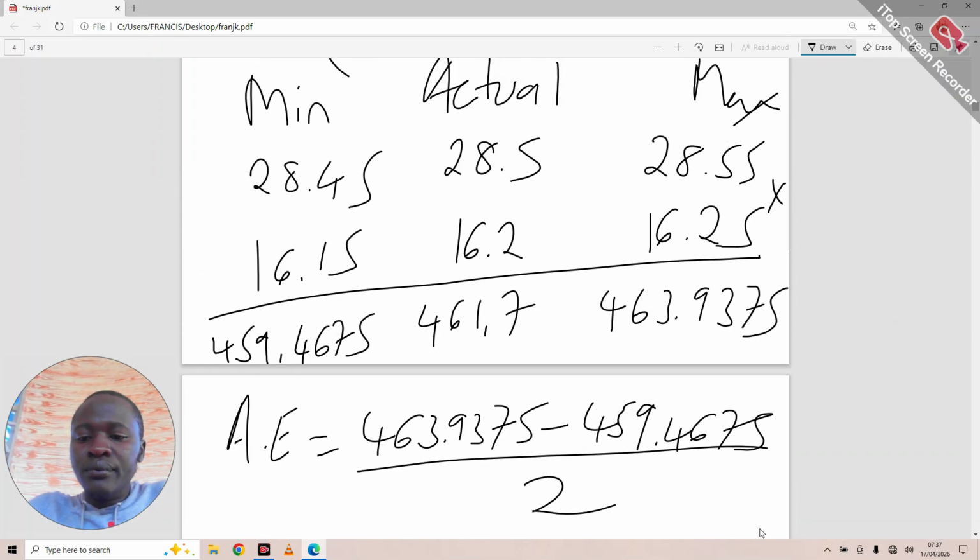Now, the main reason why I'm telling you to understand, have the concept, is if, for instance, 28.5 wasn't 28.5, rather it was 28.52.